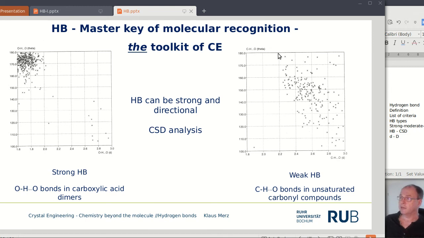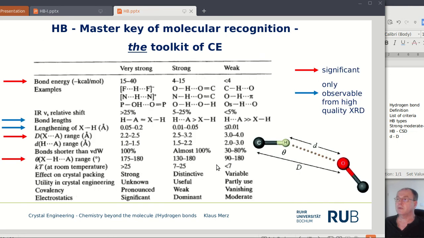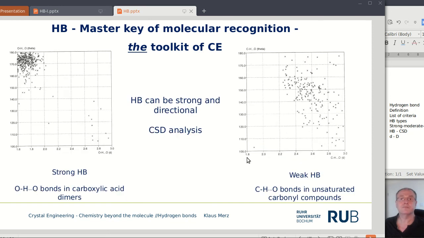Angles from 180 degrees to 100 degrees, and the range of distance between 2.2 and 3 angstroms. Once again, very nicely, you can see here the length and the angles.